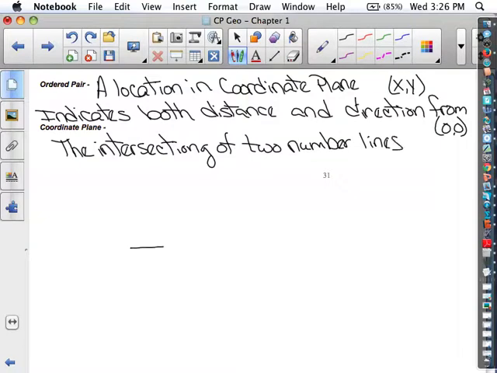The coordinate plane is actually the intersection of two number lines. We have the x-axis, which goes from minus infinity to plus infinity. And then we have the y-axis, which also goes from minus infinity to plus infinity. It's divided into 4 quadrants.